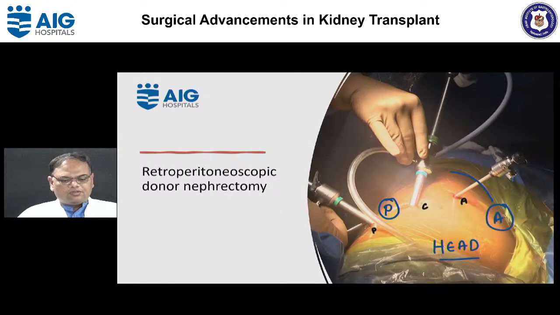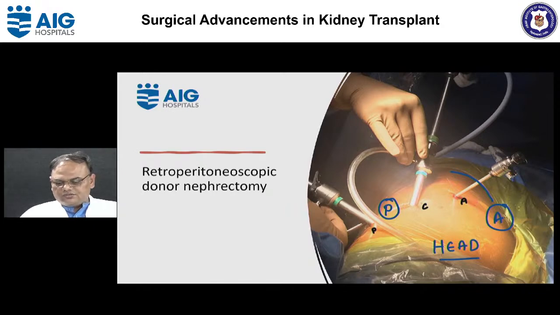I will be talking on retroperitoneoscopic donor nephrectomy because I feel this is the way donor nephrectomy should be done, as in retroperitoneoscopic donor nephrectomy the intraperitoneal transgression is not there, and that minimizes any chance of injury to the bowel, and besides we have direct access to the hilum. That is the first structure we see in retroperitoneoscopic surgery.